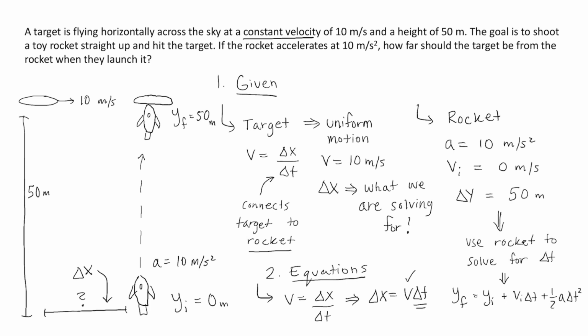When we use that equation, we can see we have yf, we have yi, we have vi, and we have a, which means the only thing that's left to solve for is delta t, which is the variable we want. And we're going to solve for that delta t using this kinematic equation and then plug that in to our uniform motion equation for the target. And that is how we're going to solve for delta x.